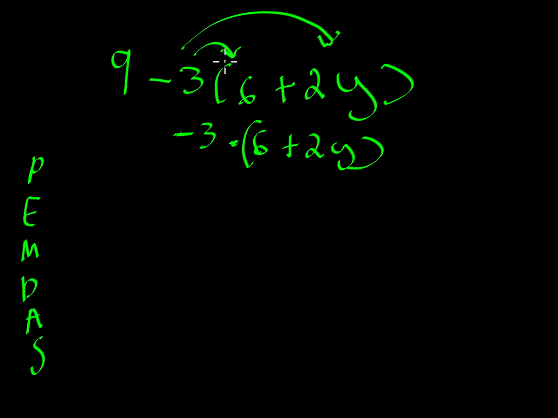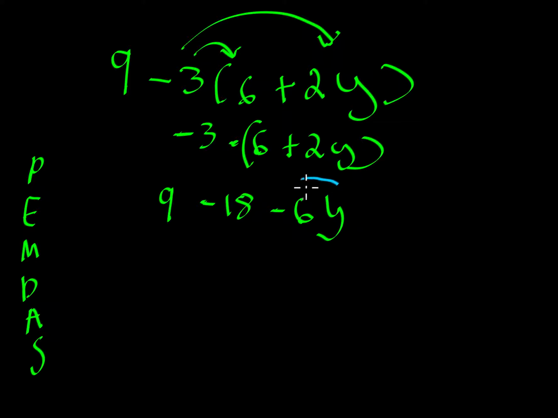So we're just going to write 9 here. Negative 3 times 6 is negative 18. And negative 3 times 2y is negative 6y. Now we identify the like terms.